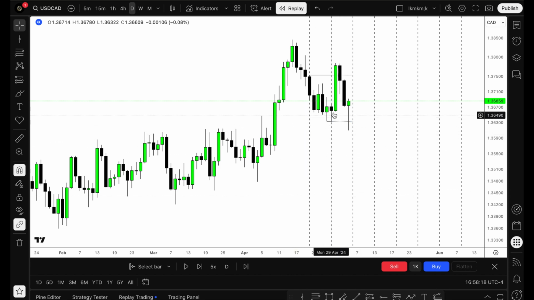So what we got was price moved lower, it took out the previous week's low by a tiny bit, then we got a move higher, it completely closed above the previous week's high, then we moved back lower to go for a previous week low sweep, and we dug a bit deeper below that previous week's low.